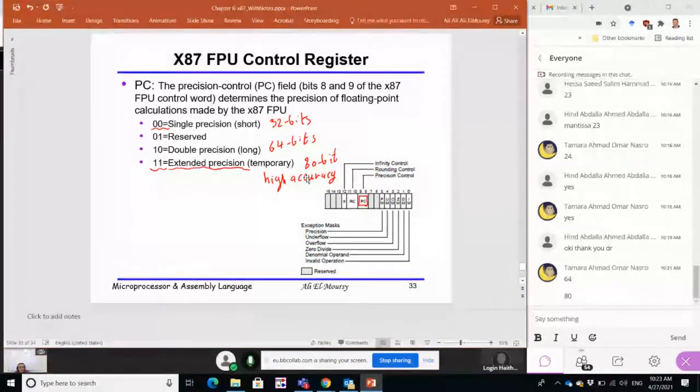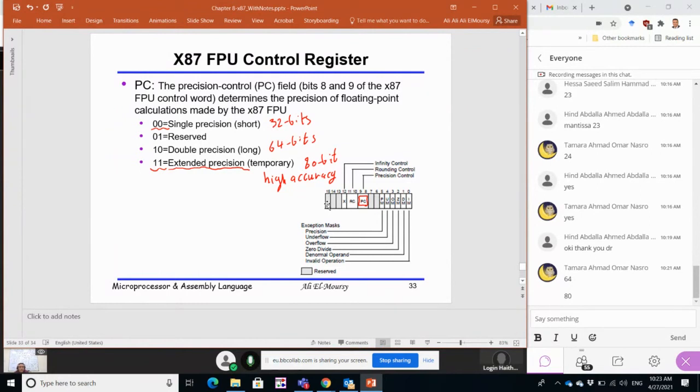So those 2 bits will indicate: if I put in those 2 bits in the control register the value 00, I am in a single precision mode. If I put the value 01, I am in a double precision mode. If I put the value 11, I am in the extended precision mode. So I can run the processor with 32-bit precision, 64-bit precision, or 80-bit precision, which is the highest accuracy for that processor.